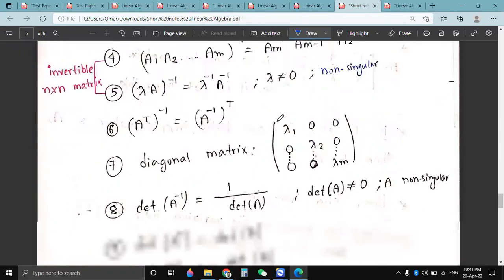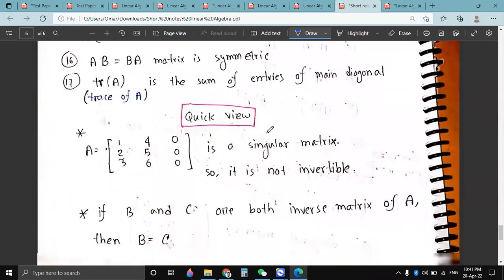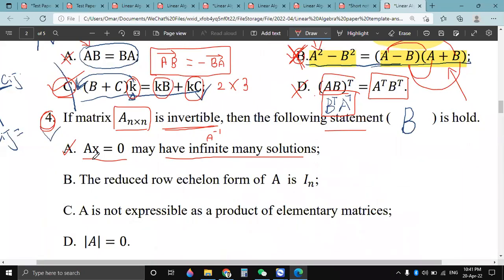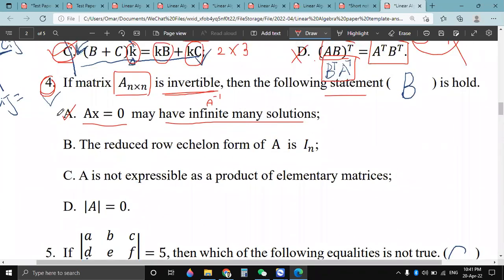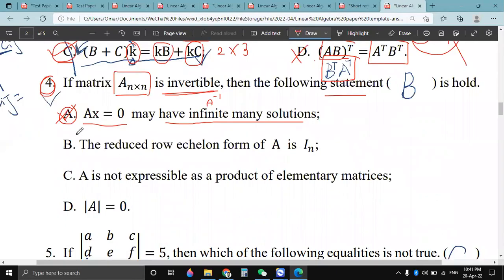X equals, you have many solutions. Okay, so I'm not sure about the first. I don't know how to explain the first option, but this is not true. Ax equals 0 may have infinitely many solutions. It is not true. I don't know where the explanation is, but maybe I forgot.